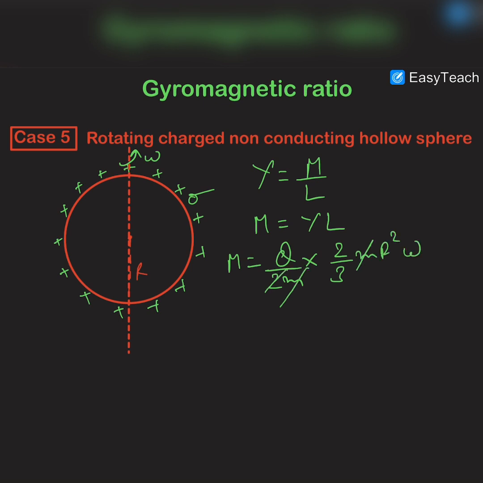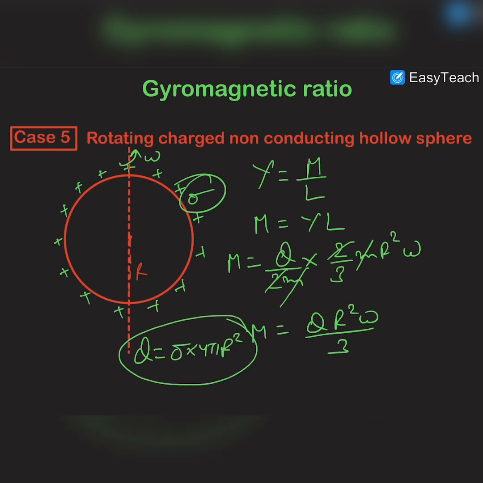Cancelling m with m, 2 with 2, M will be equal to q r square omega by 3. And if sigma is given, we can replace q by sigma into 4 pi r square, so we would get that exact value.